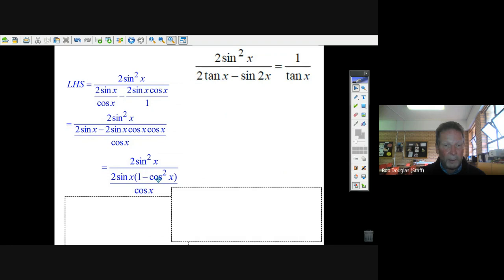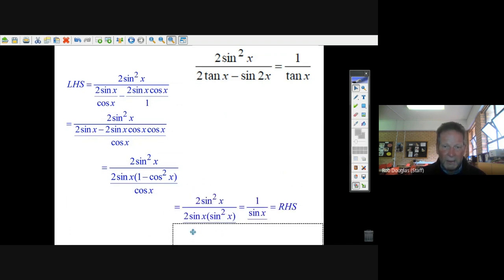And sine squared divided by sine squared, that would cancel. So this cancels with that. And 2 divided by 2 cancels. All I'm left with is 1 over sine x and cos x. That's the only thing that survives.